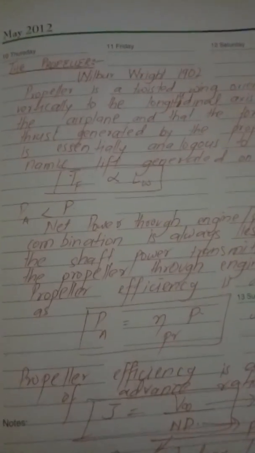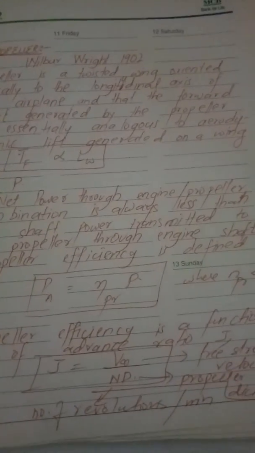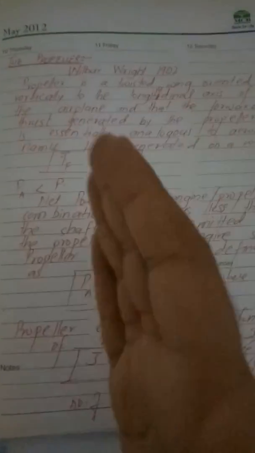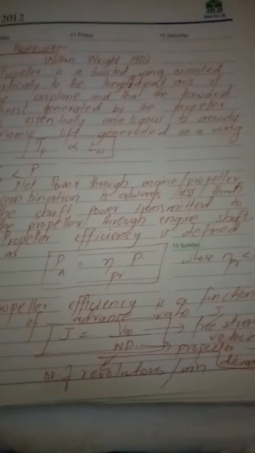First of all, I'm going to read out the notes which are in front of you. Wilbur Wright in 1902 was the first to invent the propeller. A propeller is a twisted wing oriented vertically to the longitudinal axis of the airplane, and the forward thrust generated by the propeller, which is normally at the outside, is essentially analogous to the aerodynamic lift generated on a wing.